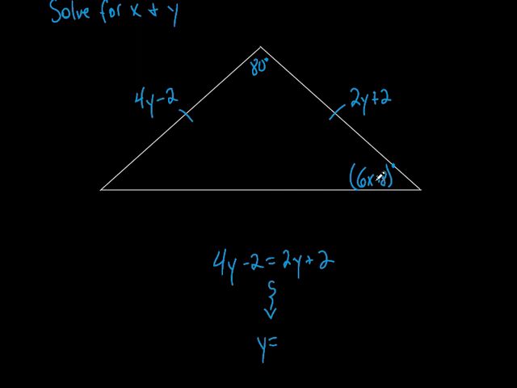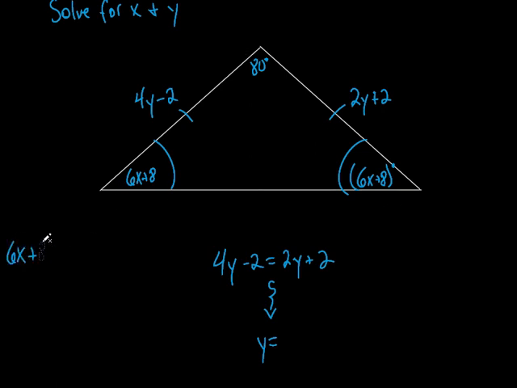Look at this right here. Let's solve for x. Do I just set these two angles equal to each other? No, because this angle right here is equal to this angle here. So this is also 6x plus 8. Now, am I done? I add them all up and set them equal to what? 180.